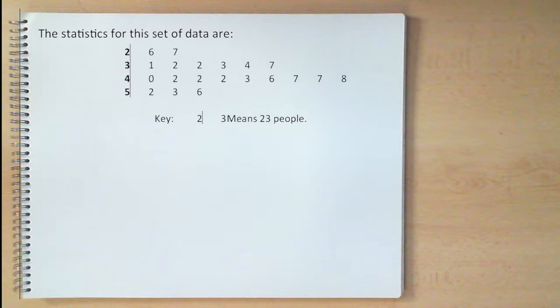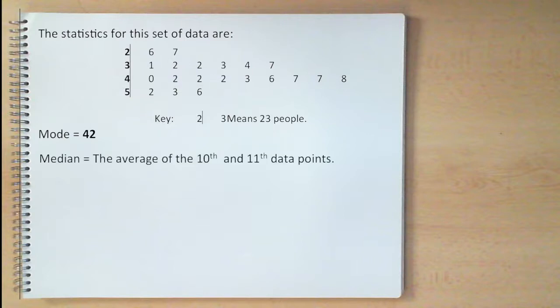So here we go, there's our stem and leaf diagram again. The mode is very easy to see here, isn't it? We can see that there are 3 lots of 42 very quickly, because in essence this data is now organised into order. So the mode of 42 was very quick to see. The median is also easy to find.